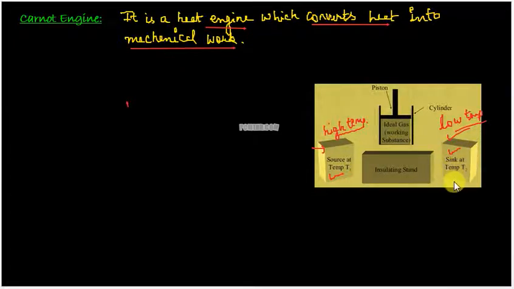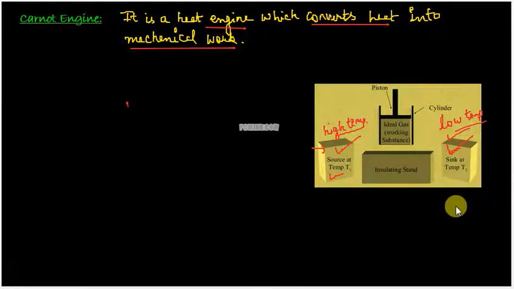So the sink absorbs all the heat rejected. It should be at a very low temperature and also of infinite thermal capacity so that it can absorb any amount of heat. Both of them have infinite thermal capacity, so that any heat drawn from the source should not impact it, and any heat rejected to the sink should not impact the sink.